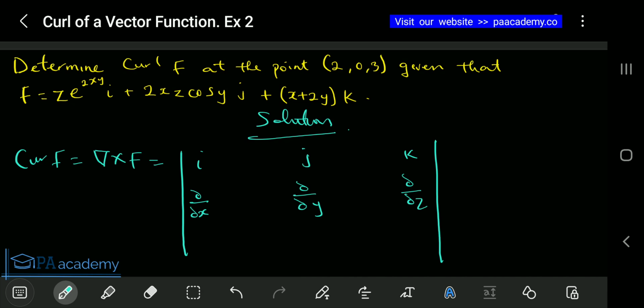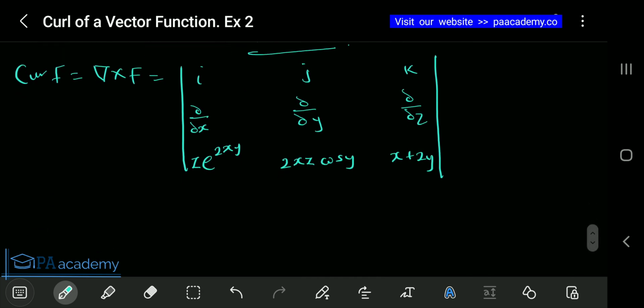Are we good? Then on the third row, we are going to have each of these functions. For i, that will be z exponential 2xy, for j that would be 2xz cos y, and for k it is simply x plus 2y.